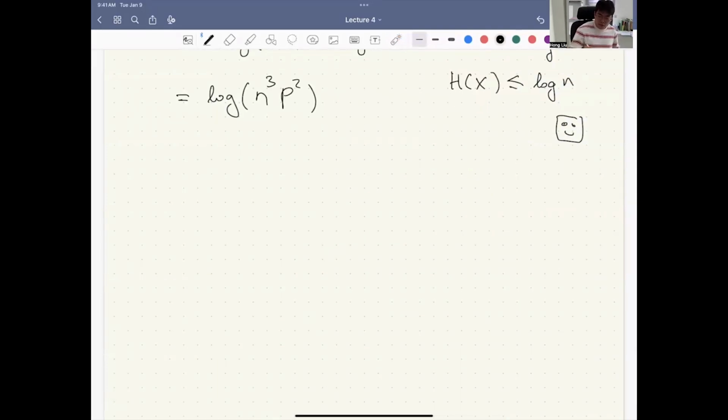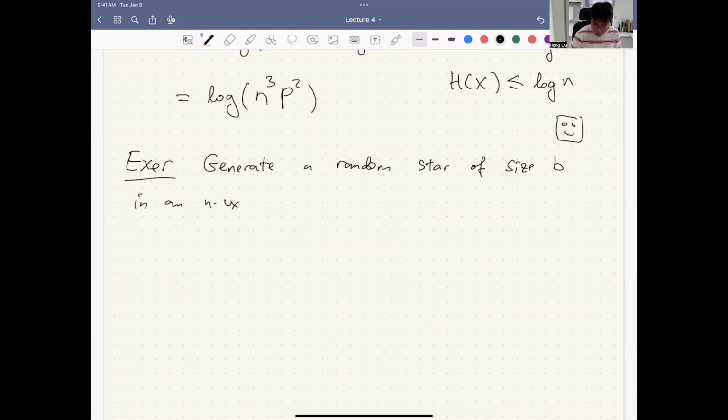Here I give you an exercise. Extend the argument here to prove Sidorenko for stars. Think of this way of proving it. Generate a random star of size b in an n-vertex graph G as follows.